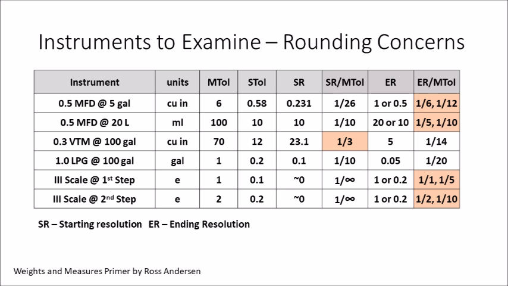That's one scale division. For the ending resolution, we see the motor fuel device is either 1/6 or 1/5 of the maintenance tolerance. And for the class 3 scale, it's either equal to the maintenance tolerance or half of the maintenance tolerance. And the other thing that stands out is the LP has sufficient resolution on both starting and ending resolution.